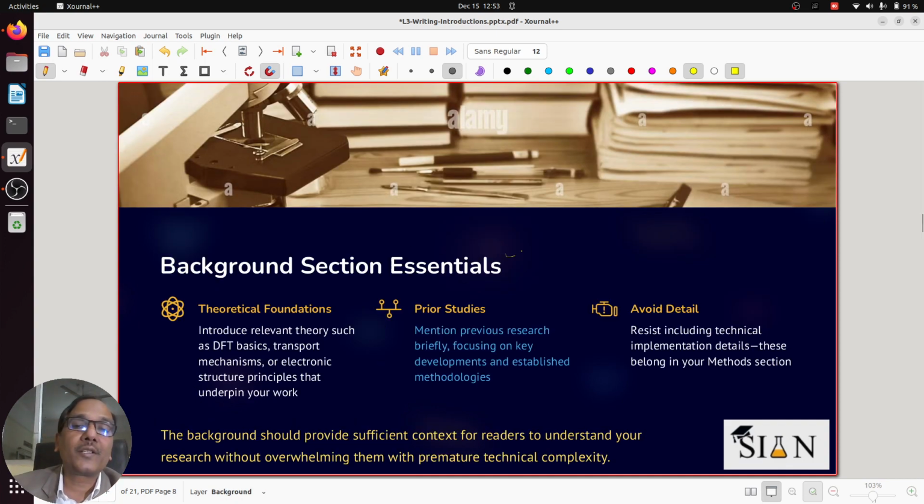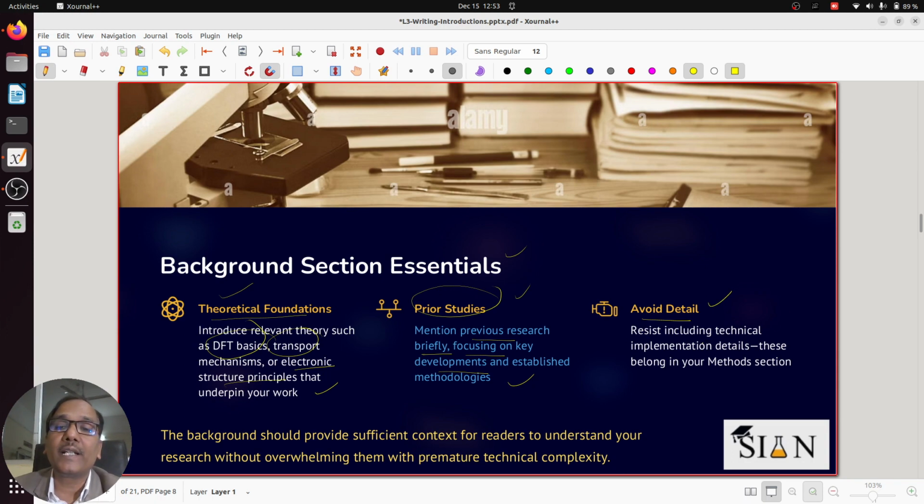Now the background section, this is essential. First, the theoretical foundation. We will begin with the theoretical foundation: introduce relevant theories such as DFT basics, transport mechanisms, or electronic structure principles that underpin your work. And then we can give the prior studies as background. Mention previous research briefly, focusing on key developments and established methodology. But remember this, we have to avoid the details.